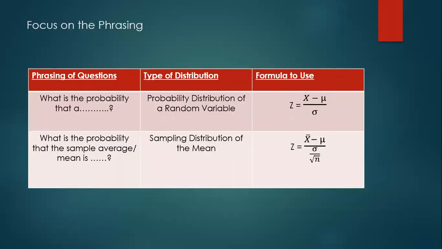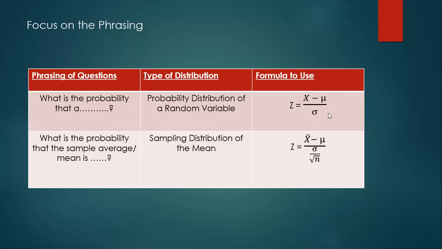When we're using the normal distribution, like in our second mid semester, it asks what is the probability that A. If they ask us what is the probability that A, we know that we're dealing with the probability distribution of a random variable. And the formula is Z is equal to X minus mu divided by the standard deviation.